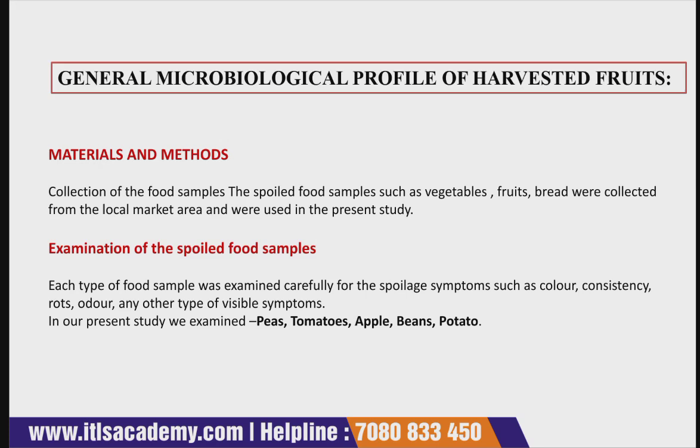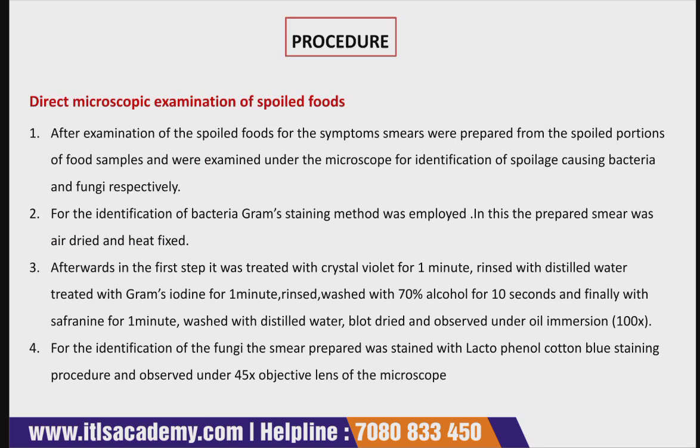In our present study, we examine five things: peas, tomatoes, apple, beans, and potatoes. We will see the microbial spoilage in these five fruits and vegetables.